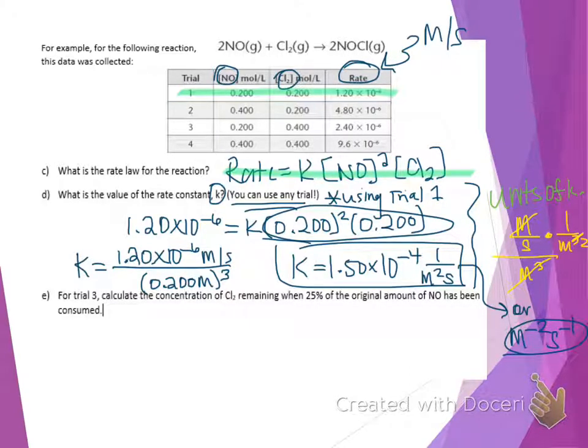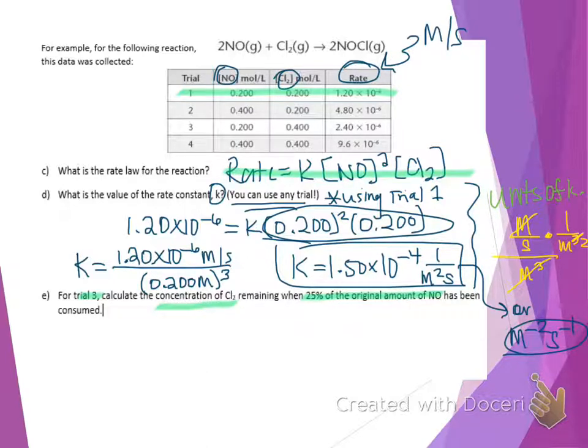So lastly, in part E, we're looking at trial 3. We want to calculate the concentration of Cl2 remaining when 25% of the original amount of NO has been consumed. Well, it's giving us information about NO and asking about Cl2. This is a stoichiometry problem.